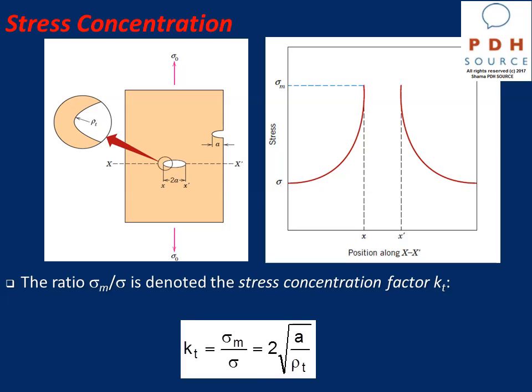However, for sharp cracks, the radius of curvature tends to be equal to 0. If you plug this into the equation, you are going to get infinity. Kt here is going to be infinity.